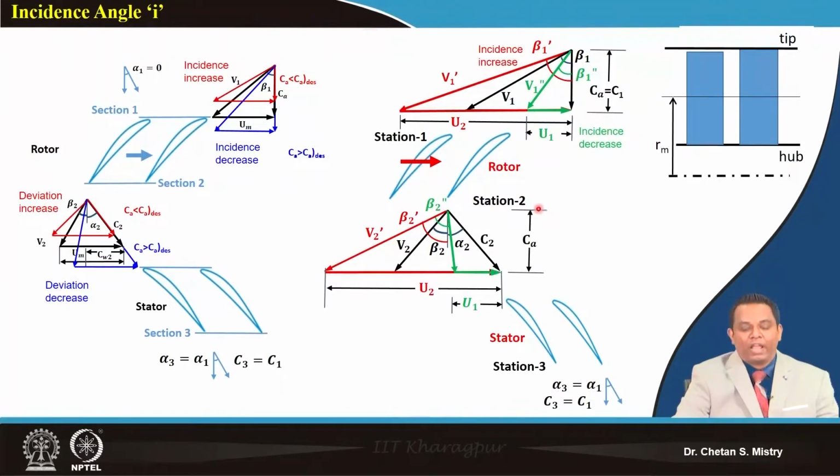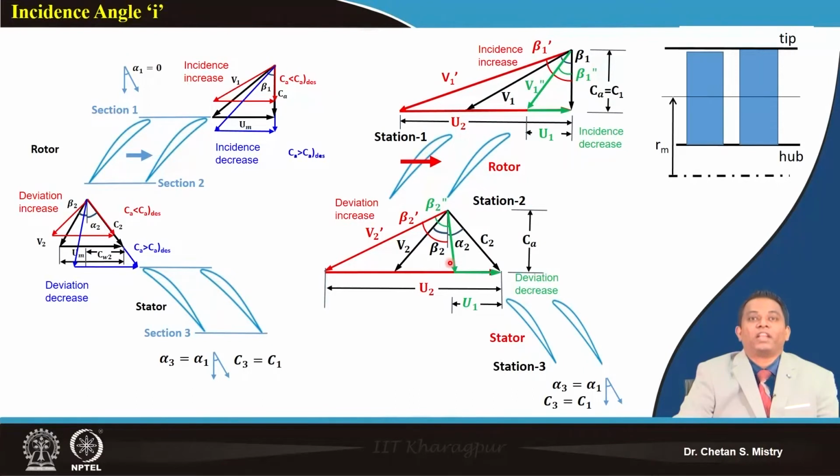Now if you look at the exit condition, we will have a similar kind of trend, because my peripheral speed is higher, that will make my deviation increase when my peripheral speed is increasing. And here in this case, my deviation is decreasing with the decrease of speed. So you can understand my blade is all the time working under different flow incidence.